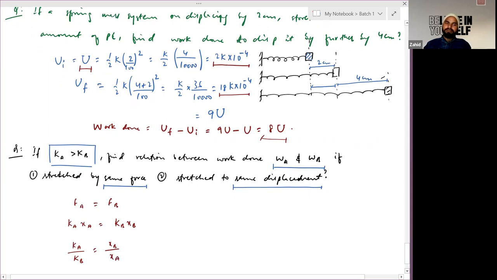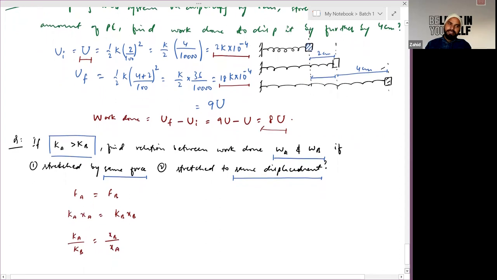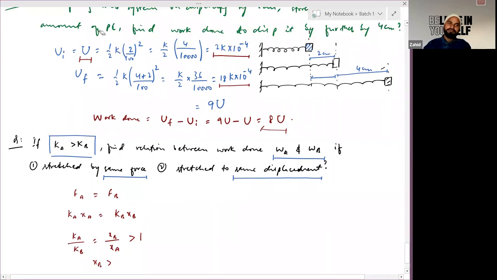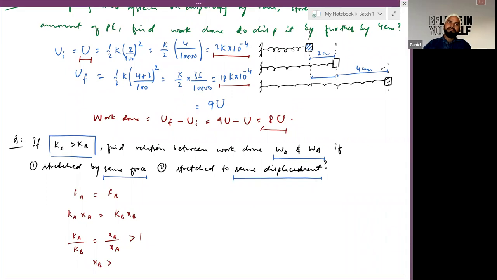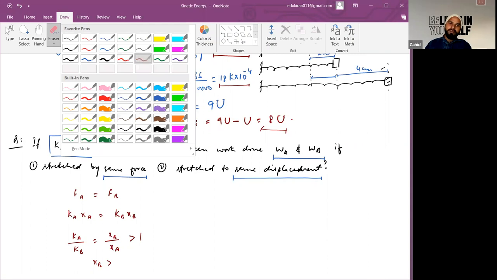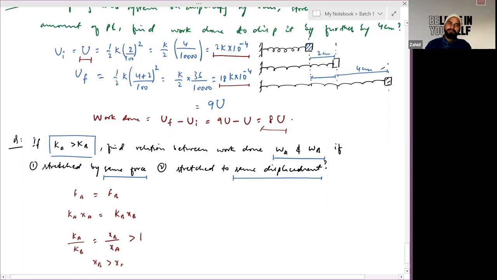In this ratio, as Ka is greater than Kb, Xb will be greater than Xa.